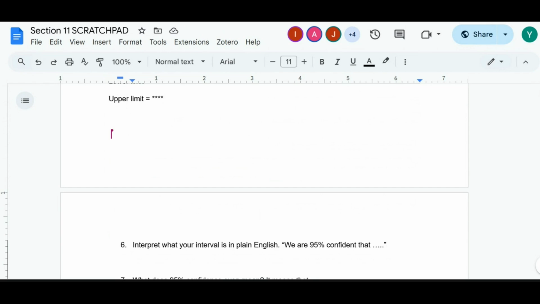When I ask you to interpret an interval, here's the layperson one, the one that's not so accurate. We are 95% confident that the proportion is between star, star, star and star, star, star, star. What is the thing that you're confident is between them? Can you find a phrase in the work that's on the scratch pad already?